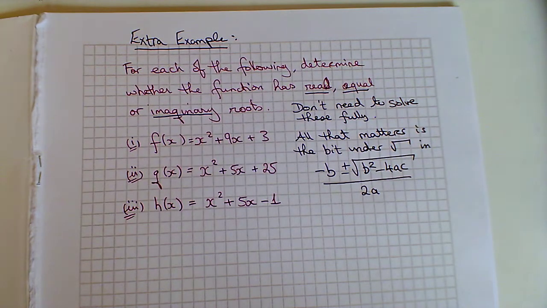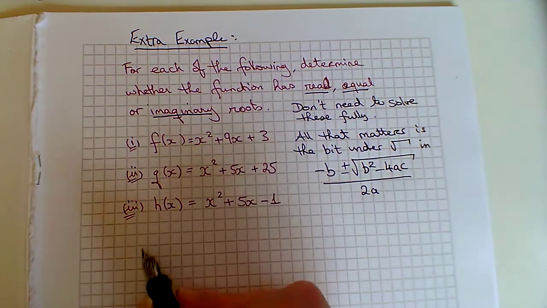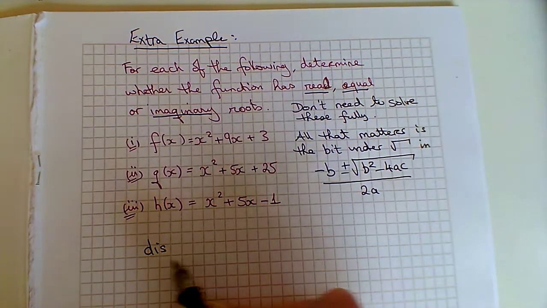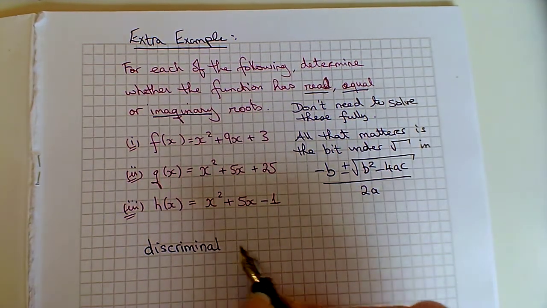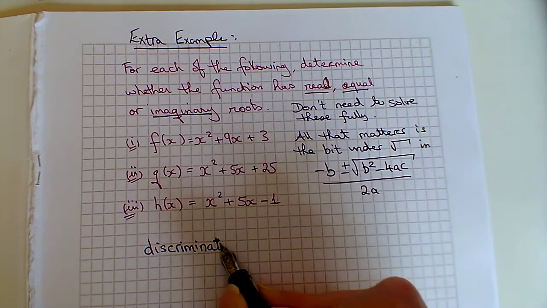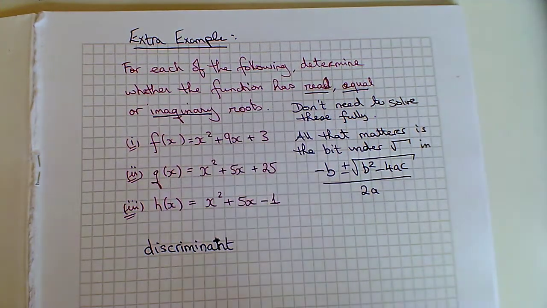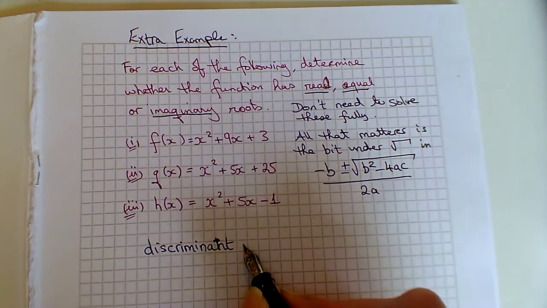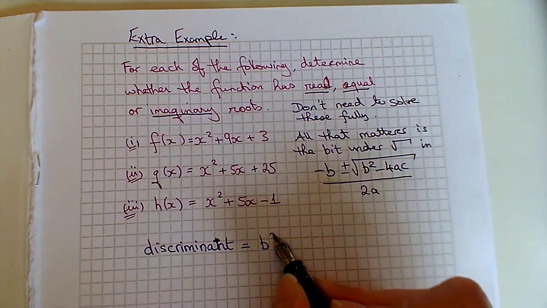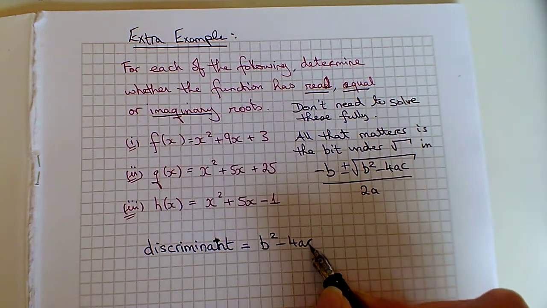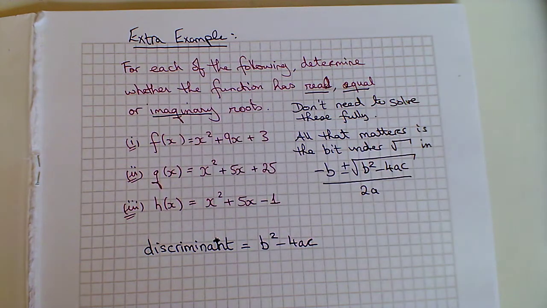And that has a special name, and it's called the discriminant, because it helps us to discriminate between the different types of roots. So the discriminant is b squared minus 4ac, and it has three possibilities.